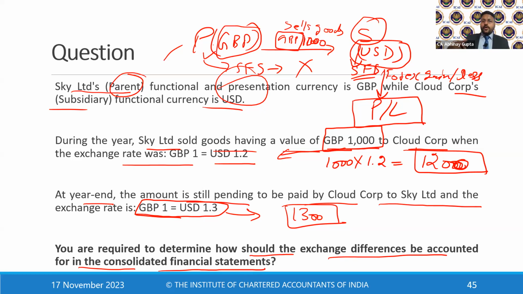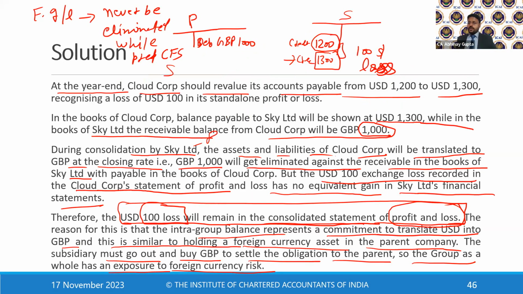Had this transaction been in the form of a loan given for a perpetual period with no repayment, then forex gain or loss on that net investment hedge transaction would be recognized in the OCI while preparing the consolidated financial statement. But for trading balances, which are not investment hedge transactions, it will go to the P&L.